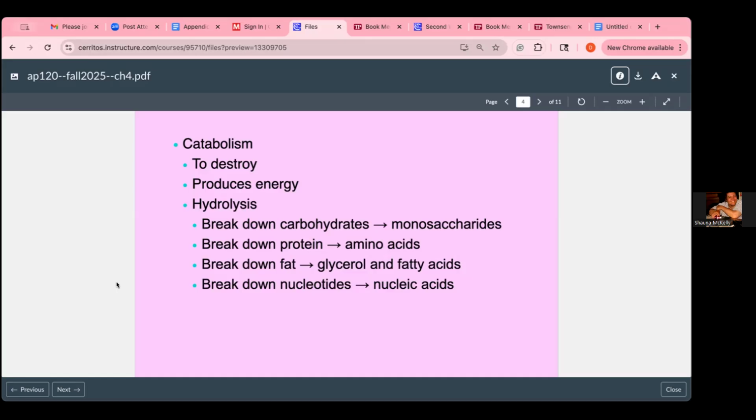And that's a type of chemical reaction in which larger molecules are split into smaller molecules when water is brought in to the reaction.